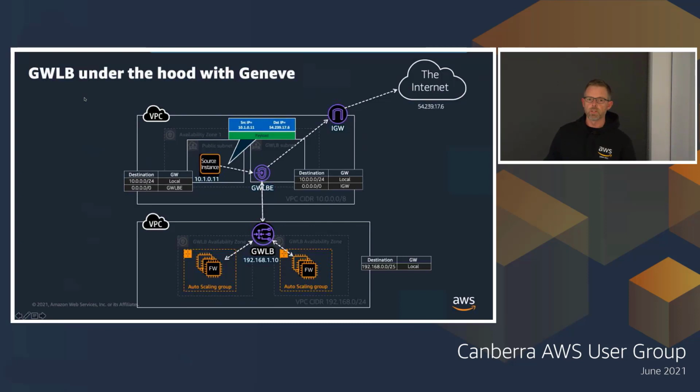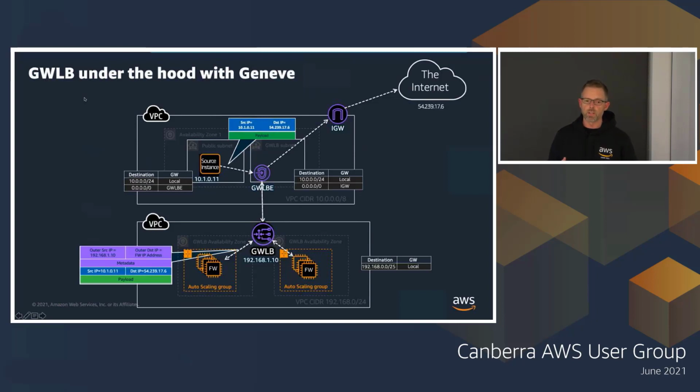So let's send a packet from our source instance up on the top left. We're sending something, a payload, our green packet, off to the internet, destination IP 54.239.17.6. That goes from the source instance to the gateway load balancer endpoint. That packet travels through to the gateway load balancer.